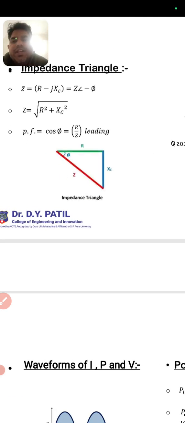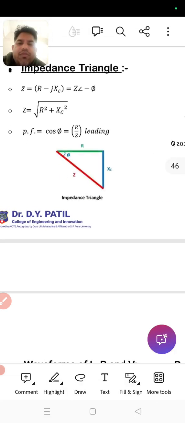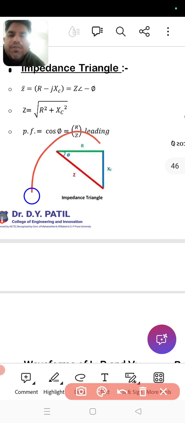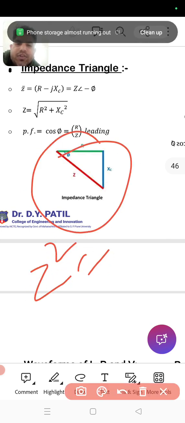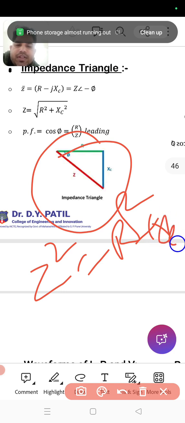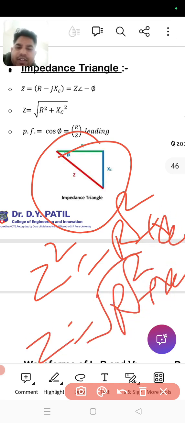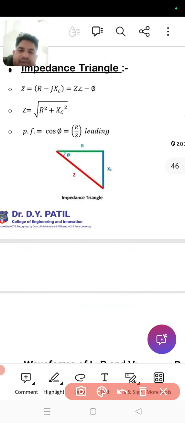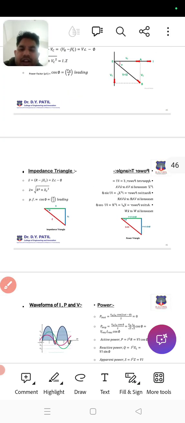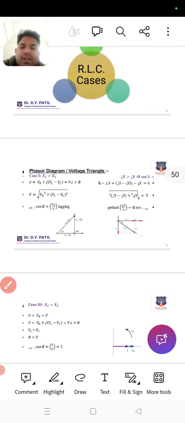For example, Z squared is equal to R squared plus X squared, so Z is equal to under root of R squared plus XC squared. It is very easy, and not difficult.